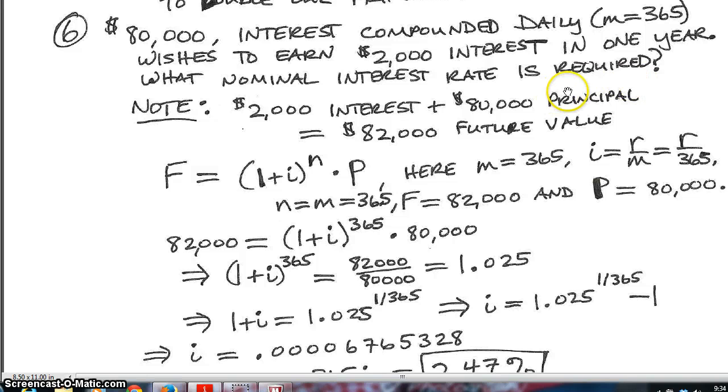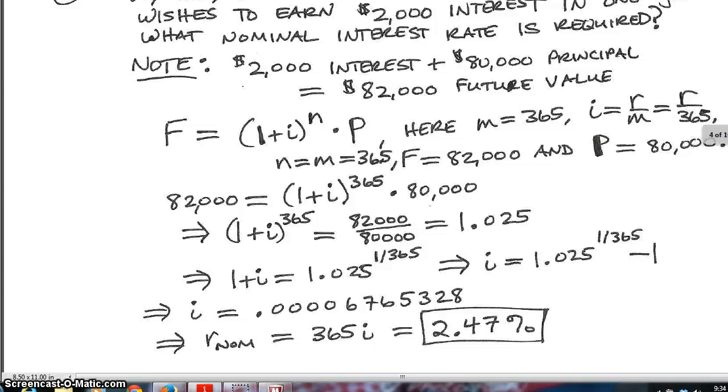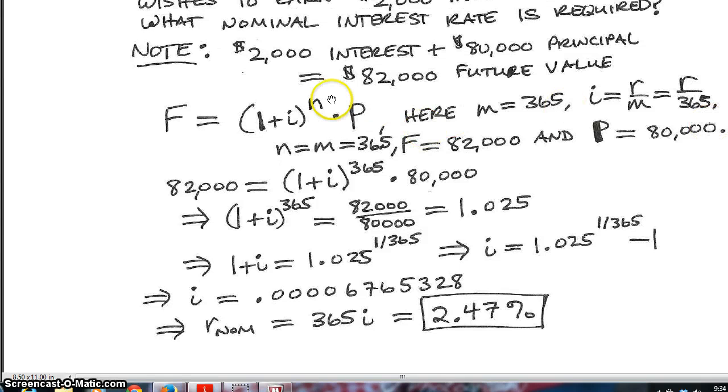So the main thing to look at in this one is you have to realize that if you want the $2,000 interest, you have to think about the $82,000 as the future value. So we're looking at solving future value equal to that. We set up our equation relating F and P. Here, m is 365, so i is r over 365.